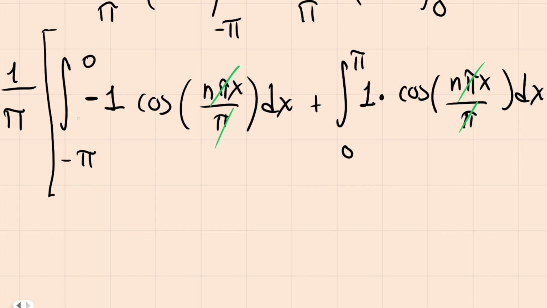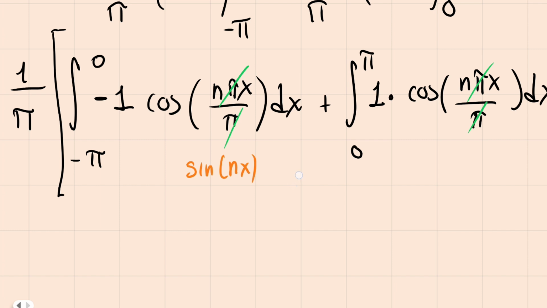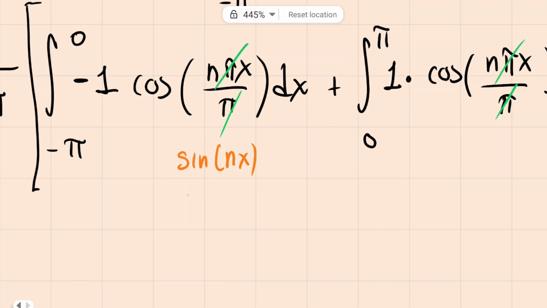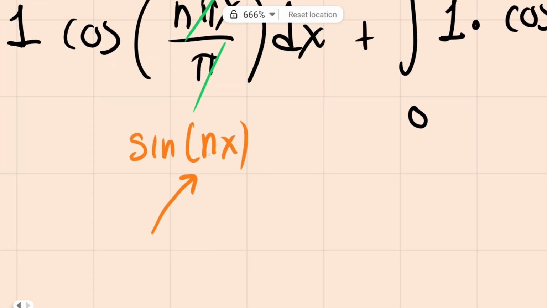So when we take the integral, we are going to get something like sine of nx, times maybe a constant. But the important thing here is that our limits of integration are negative pi and 0, and of course the sine evaluated at 0 is 0, and evaluated at a multiple of pi is also 0.